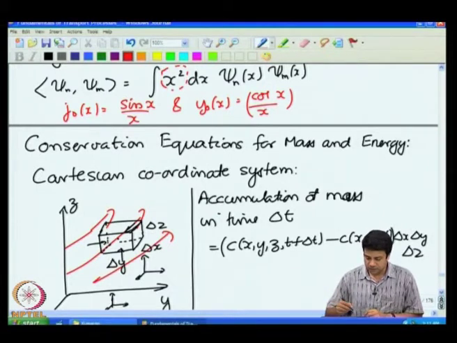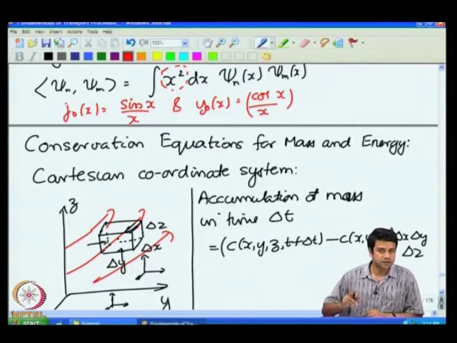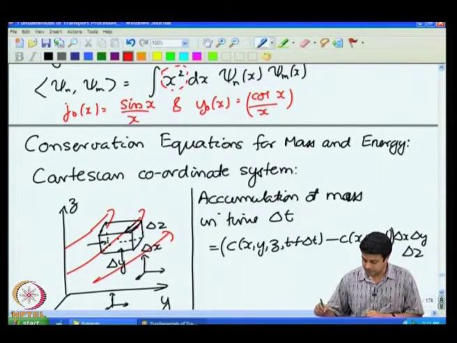Therefore, a flux J z at the surface z minus delta z by 2 results in an accumulation if material enters the differential volume. Flux J z at z plus delta z by 2 is leaving the differential volume. Therefore, that results in mass decreasing within this differential volume.